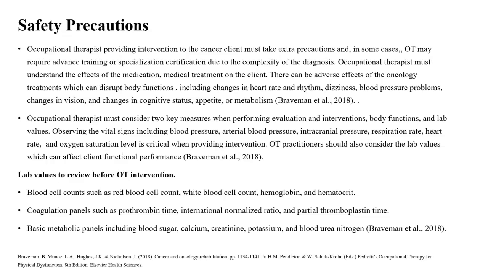OT practitioners should also consider the lab values, which can affect the client's functional performance. So some of the lab values which you have to look for when performing evaluation or intervention include the blood cell count, such as red blood cell count, white blood cell count, hemoglobin, and coagulation panels such as prothrombin time, international normalized ratio, and partial thromboplastin time.